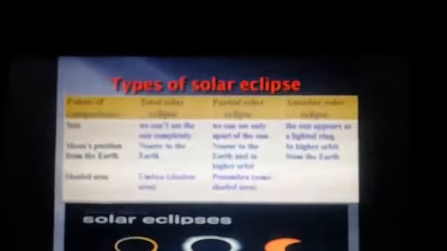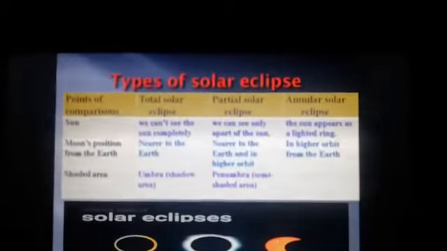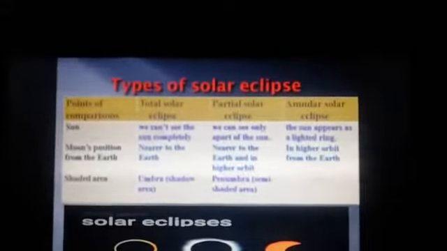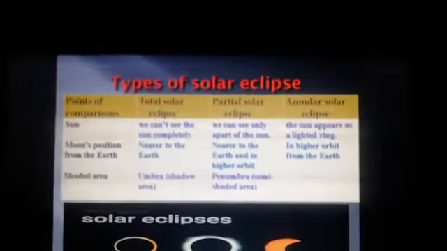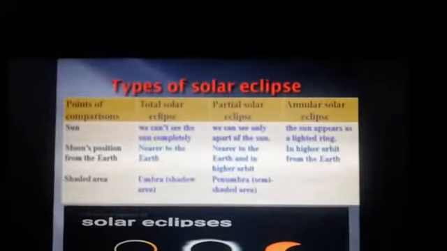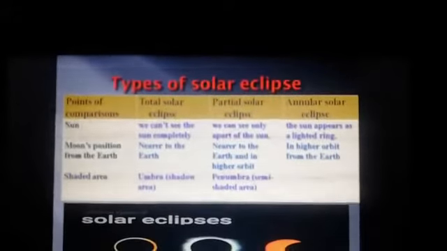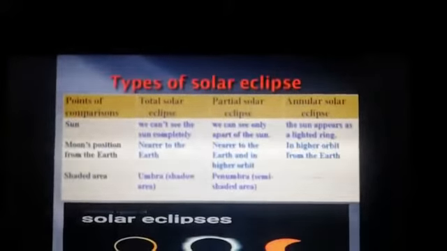So, let's summarize types of solar eclipse. We have total solar eclipse, partial solar eclipse, and annular solar eclipse. In total solar eclipse, people cannot see the sun completely, and it occurs when the moon is nearer to the earth. In partial solar eclipse, we can see only a part of the sun, and it occurs in the penumbra shadow.